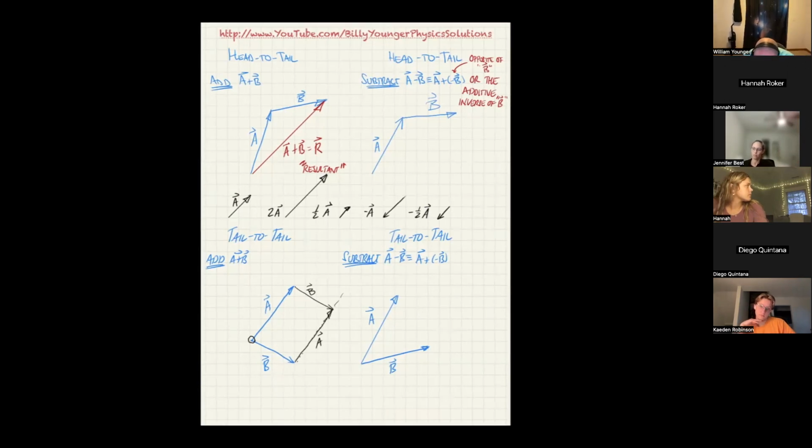So if we wanted A plus B, what I would focus on is the fact that the top half of that diagram I now have has A starting from where that little circle is, going to the end of its arrow, and then at the end of its arrow is the tail of vector B, which goes down and to the right to this point right here.